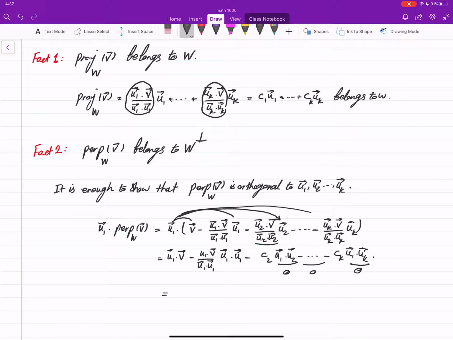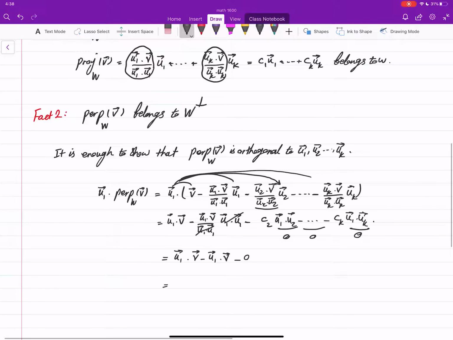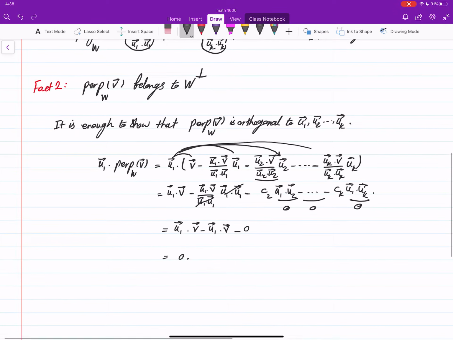Look at this: U1 dot U1 in the numerator, U1 dot U1 in the denominator. This will be U1 dot V minus U1 dot V, and the rest is 0. When you subtract these two, you get the number 0. So we showed that perp of V over W is orthogonal to U1. Similarly, you can show it for U2, U3, up to UK, and that proves everything.